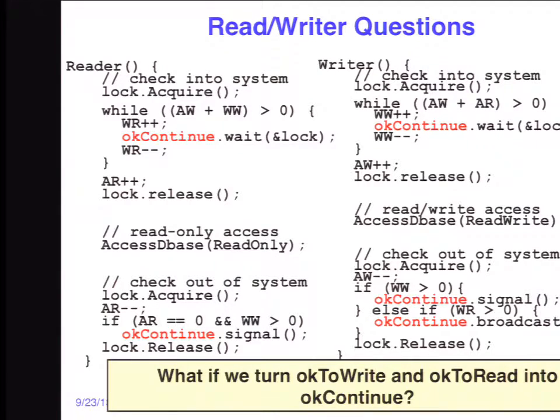It'll work, but it'll be really slow. So one problem is we only have signals. So if we only have readers, this will work, but if we have readers and writers, this won't work, right? Because the writers might not get woken up. You might wake up a reader instead, and then the reader's just going to turn around and go back to sleep.